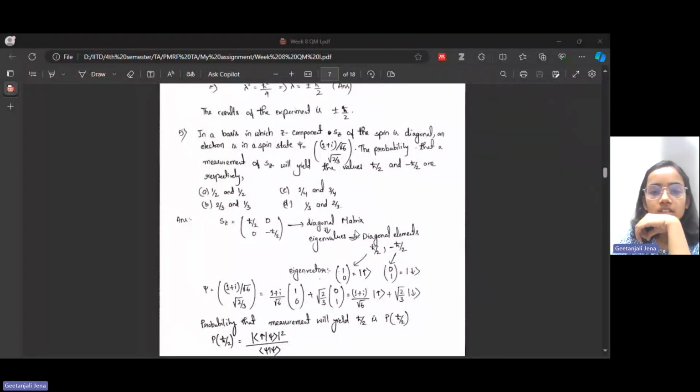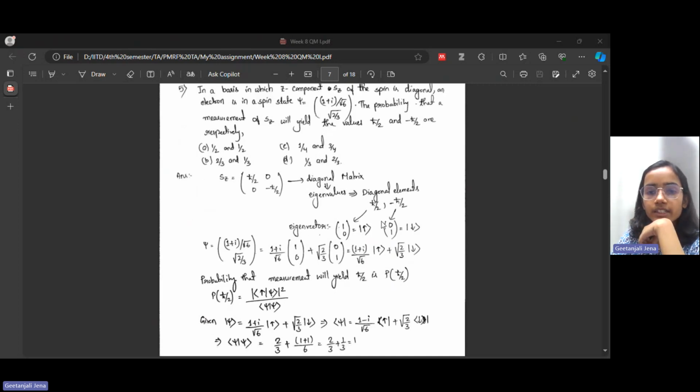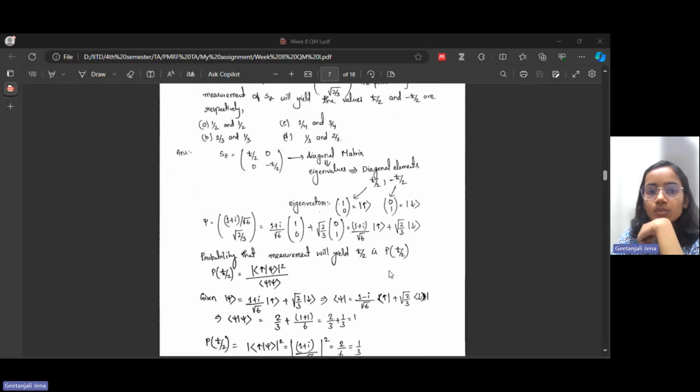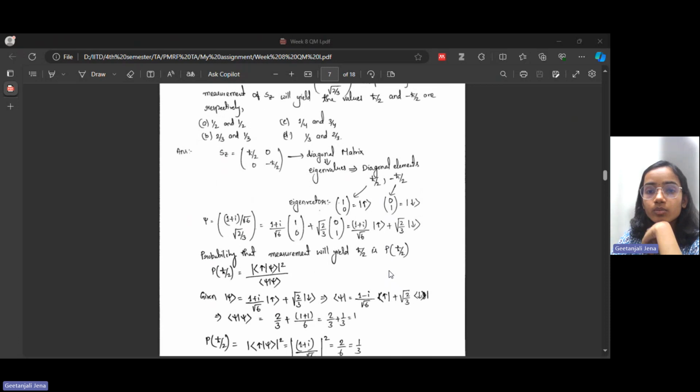So now you can write it in terms of this up state and down state. The probability that the measurement will give h cut by 2 will be equal to the probability of getting the eigenstate that corresponds to the eigenvalue h cut by 2. For h cut by 2, the eigenstate is 1, 0, that means the up state.